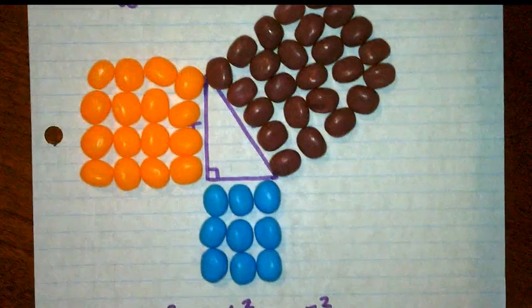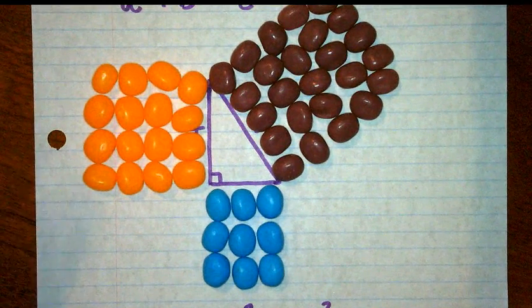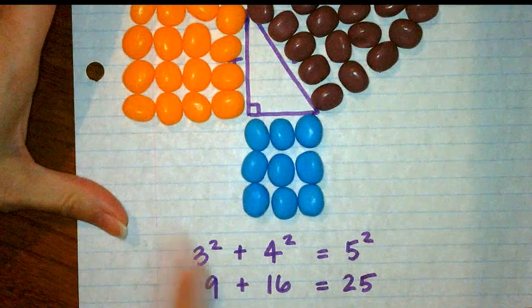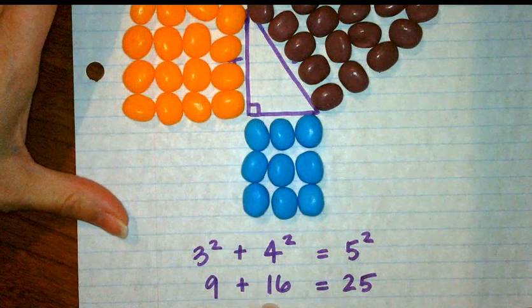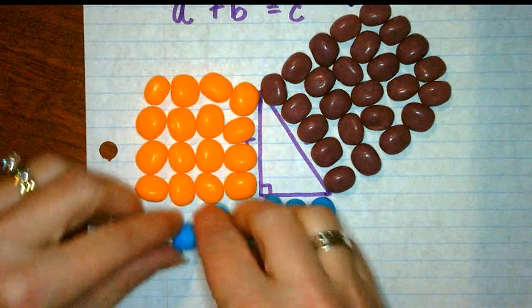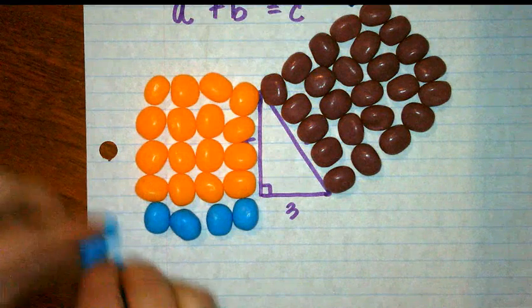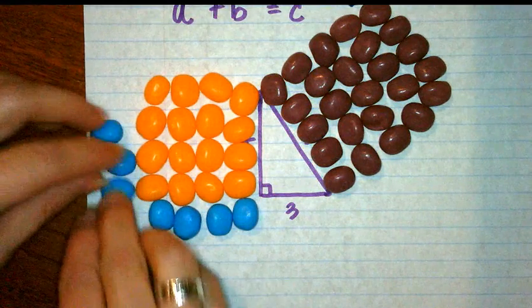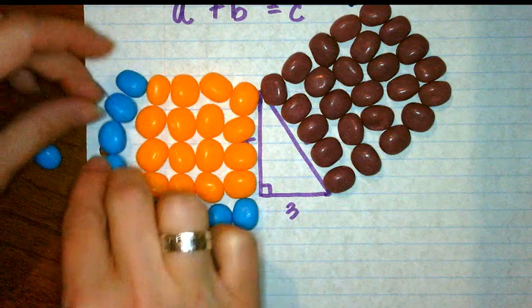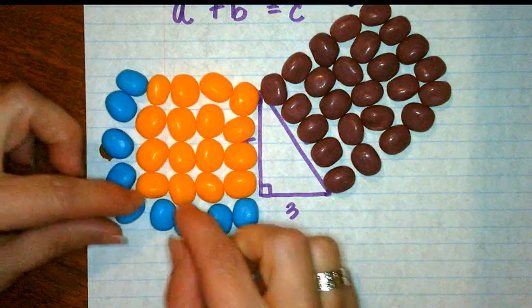Now, what ends up happening is if I add together my orange and blue jelly beans, I'm going to make another row here, and then I can make another column over there.